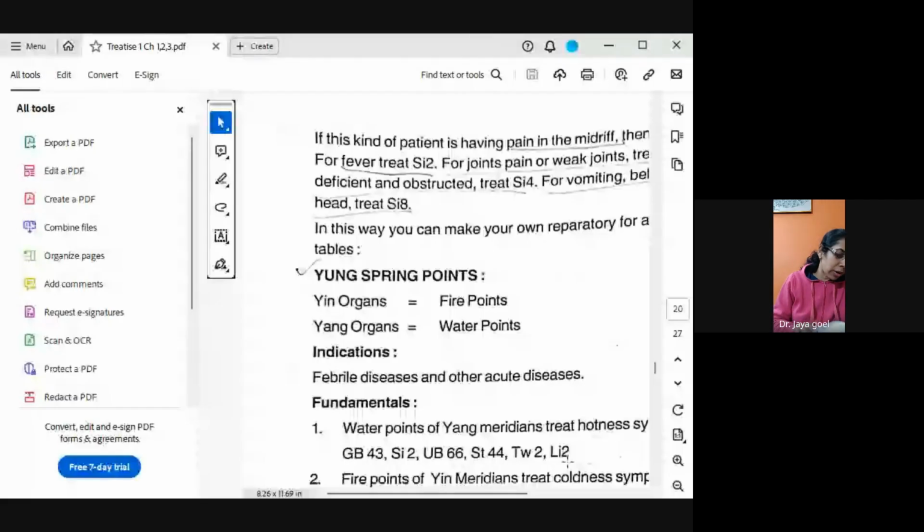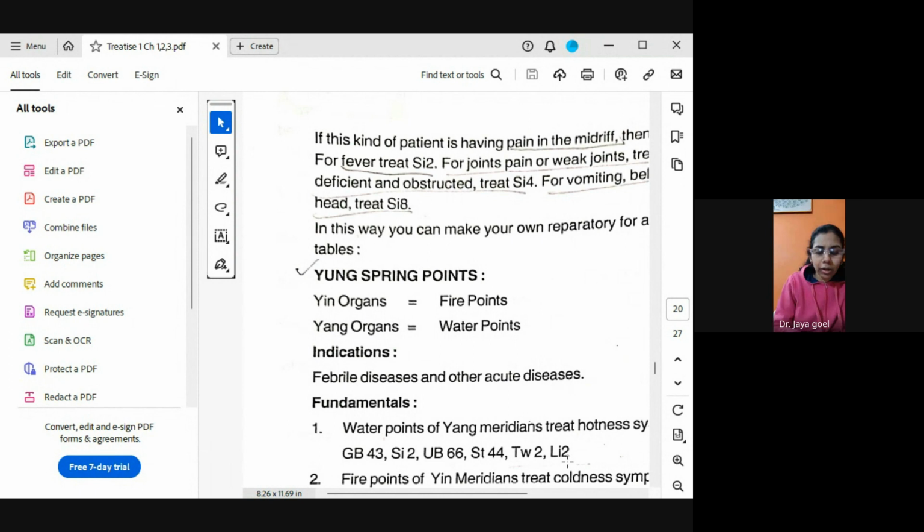We discussed the 5 Shu Points yesterday also, some part of them. Hope you have remembered. I will give a brief of that, then we continue further.